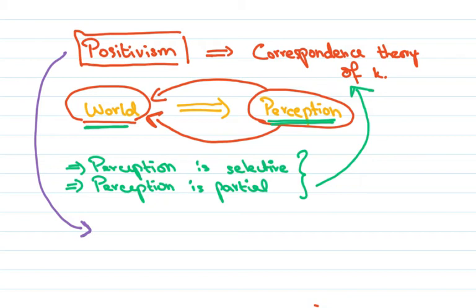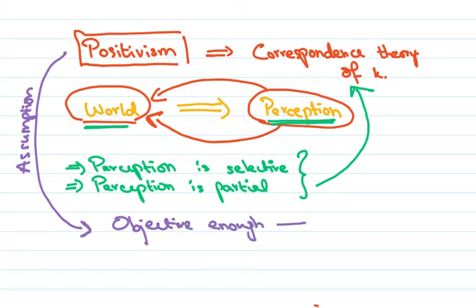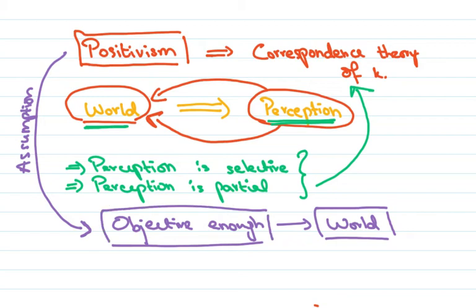So this is the assumption, and the implication then is that only if you are objective enough will you be able to see the world for what it is. So your perception will really match what is out there if only there is objectivity.